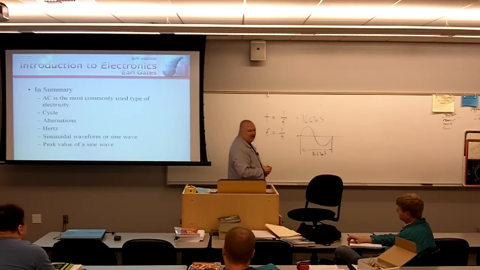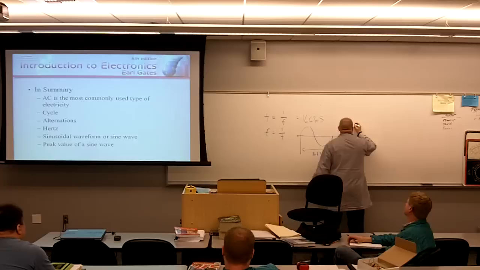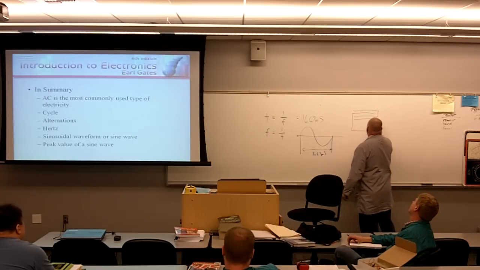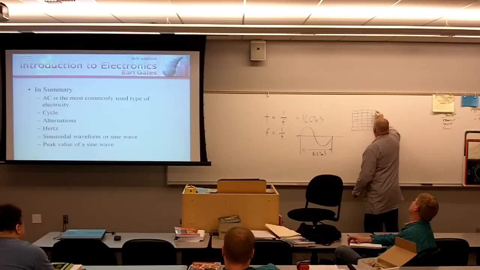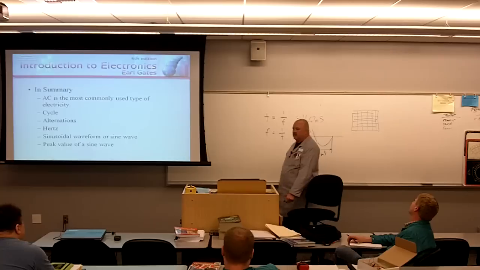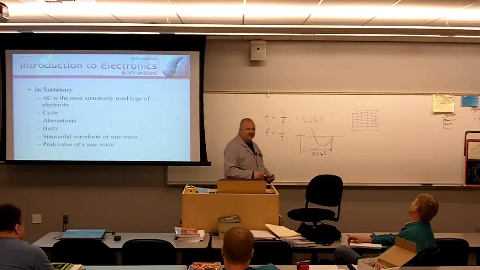Does anybody know what I would come up with on my oscilloscope? Here's my oscilloscope face. If I mix those 2 frequencies together, anybody want to take a guess at what I'm going to end up with?